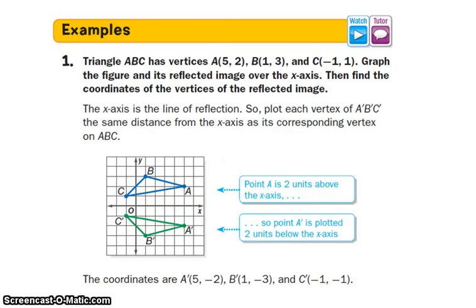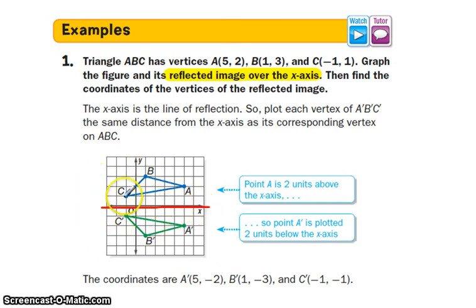So let's take a look here. It says triangle ABC has vertices A, B, and C. Okay, so here's your original figure right here, triangle ABC. Okay, it says to reflect the image over the x-axis. So right here is your x-axis. So we're going to flip this figure down over the x-axis.